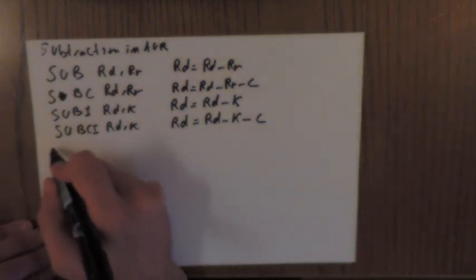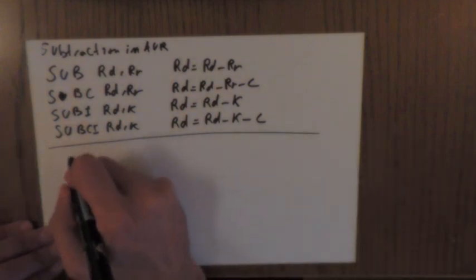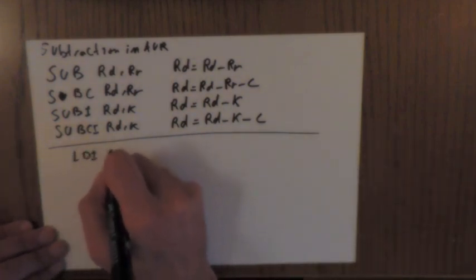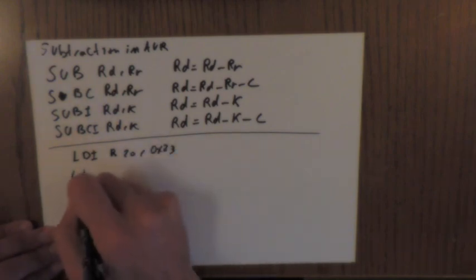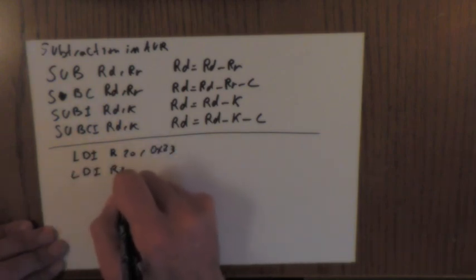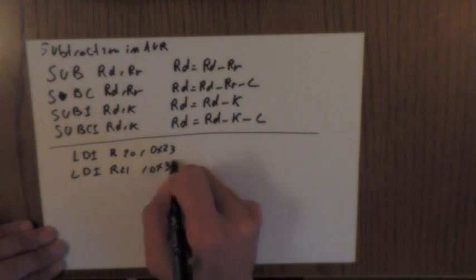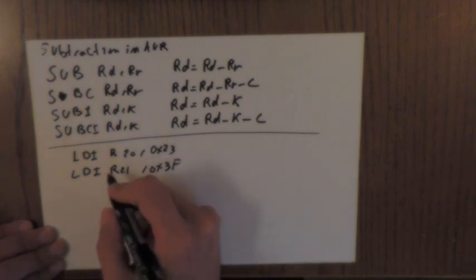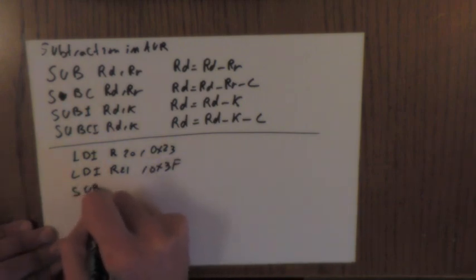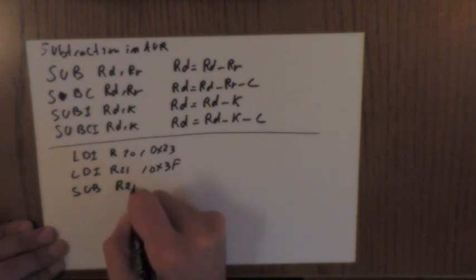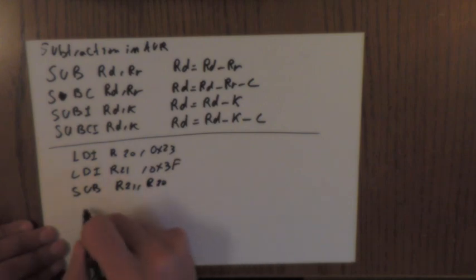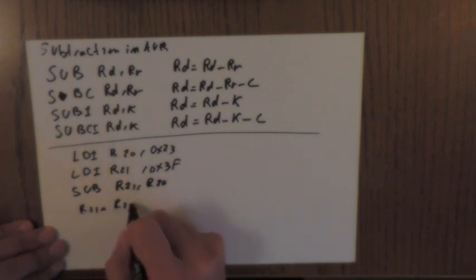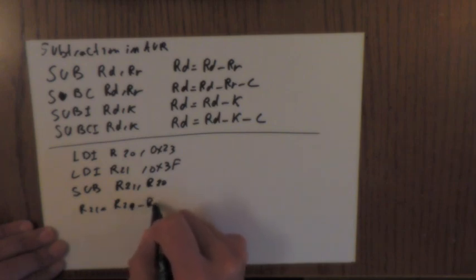So let's take an example. Imagine we have LDI R20, 0x23, and LDI R21, 0x3F, and now I want to subtract R20 from R21. So what this does is R21 equals R21 minus R20.